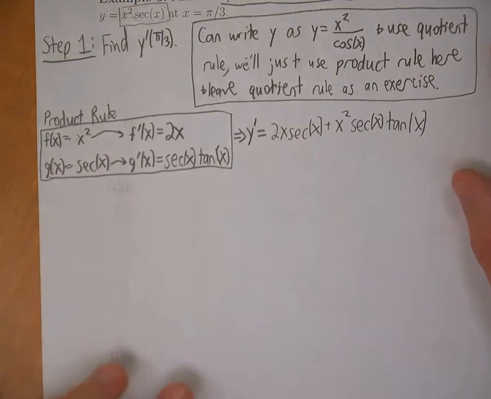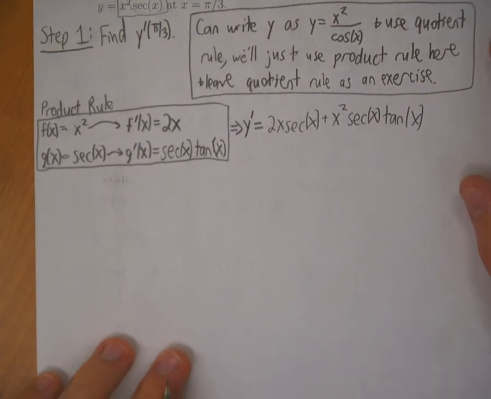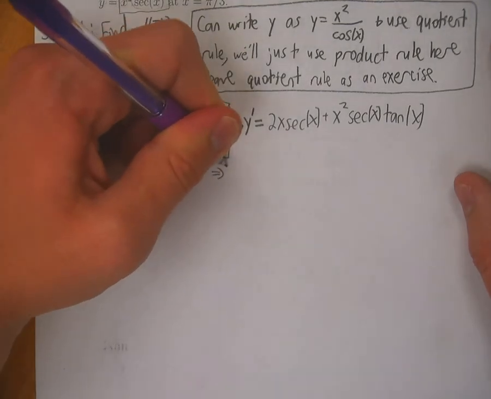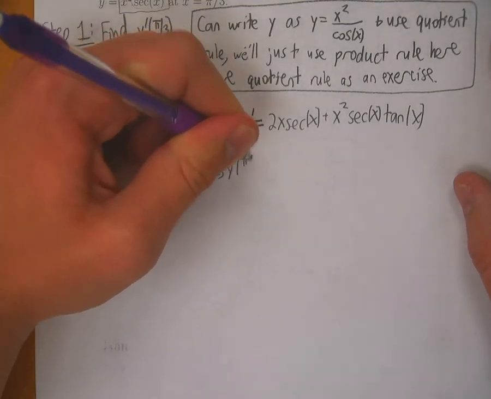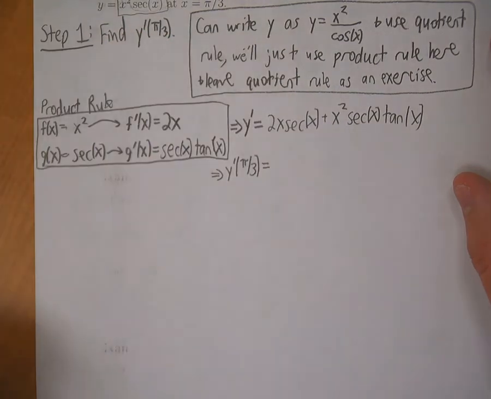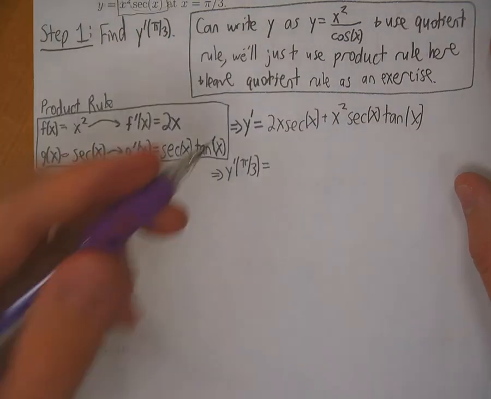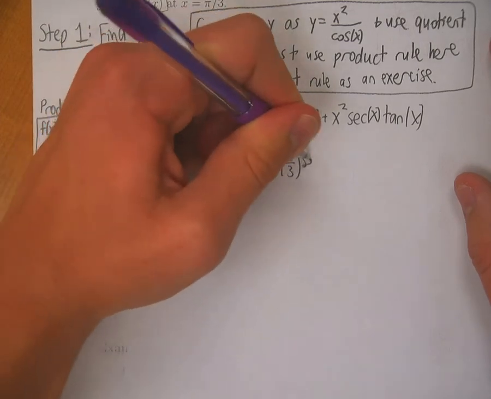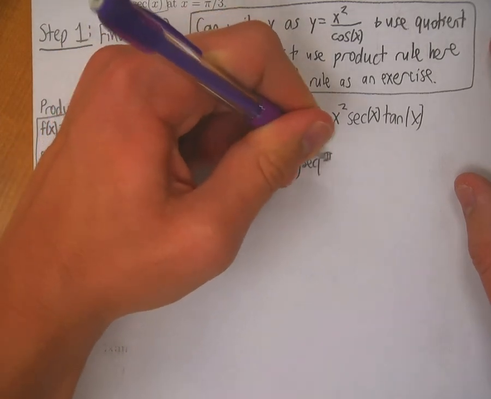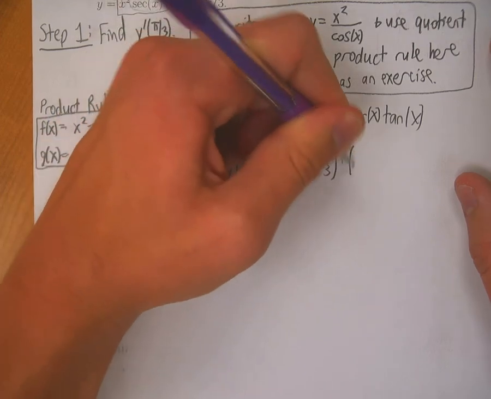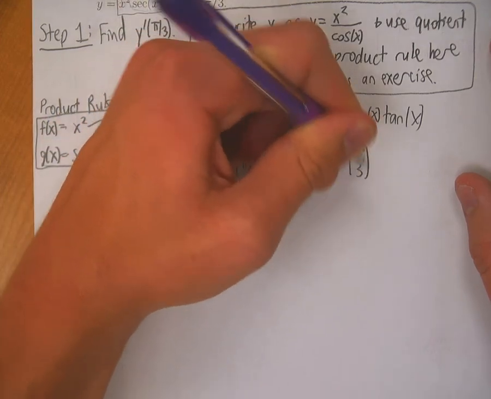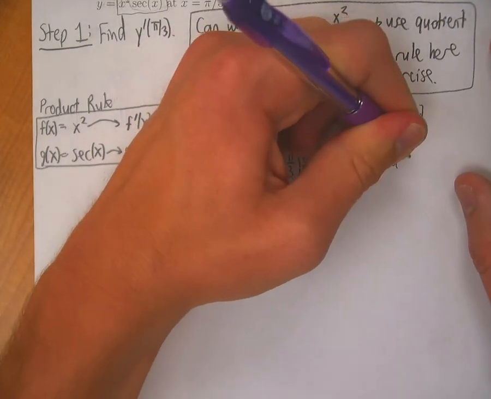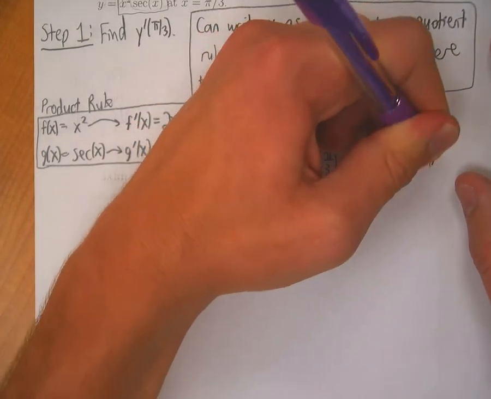Okay, so that's our derivative, just applying the product rule. So all we have to do now is figure out our slope, just let x equal pi over 3. So in this case, we have 2 times pi over 3 times secant of pi over 3 plus pi over 3 quantity squared times secant of pi over 3 times tangent of pi over 3.